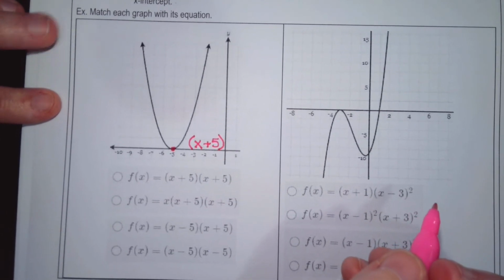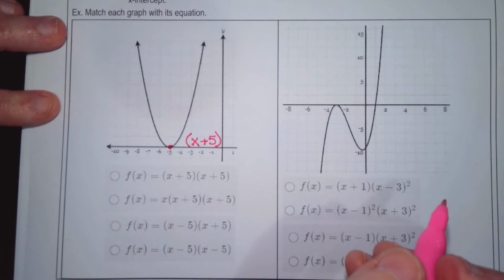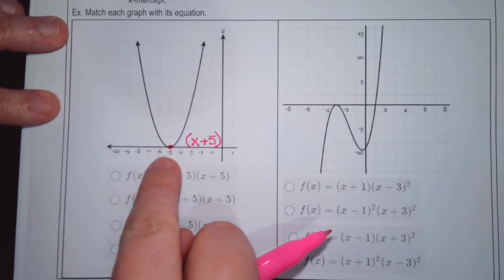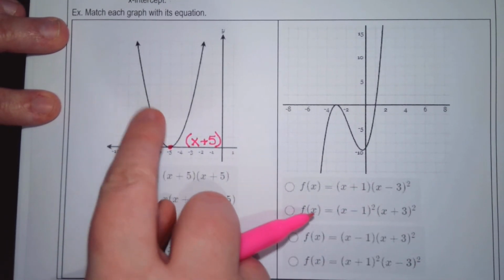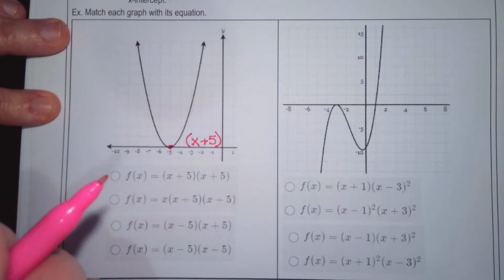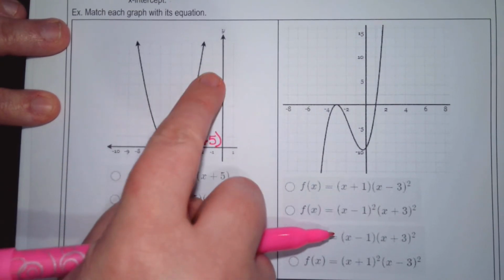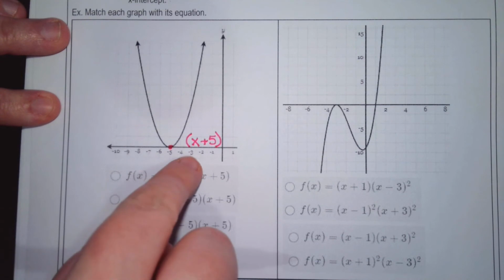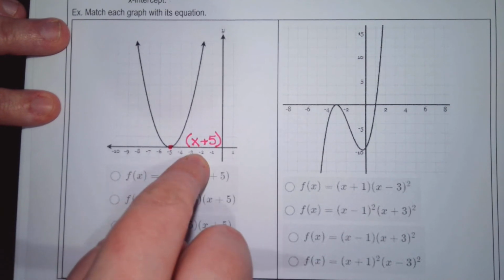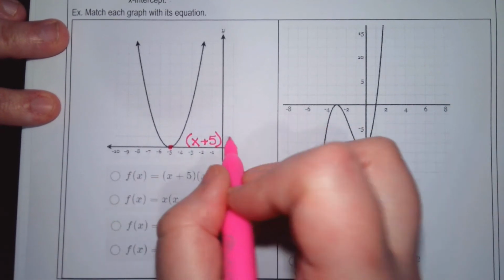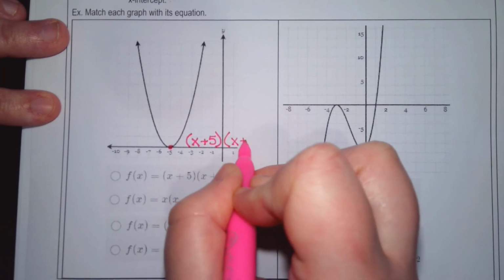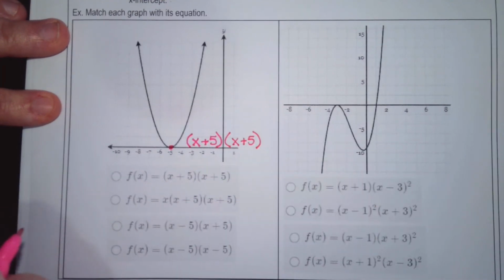Then we take a look at the characteristic. This is what I call a bounce. It bounces off the x-axis. You can see there's a bounce. So that means there's going to be two x plus 5s here. So x plus 5, x plus 5.